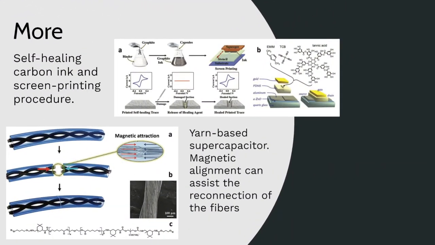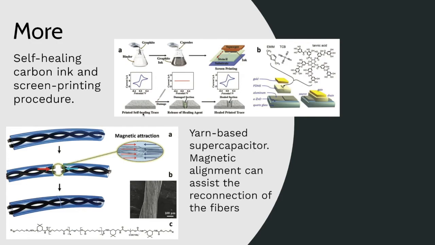And also you can make self-healing materials through printing. You can print out the carbon ink. This is the graphite, and then you can create a printing pattern, and that carbon ink will be a template for self-healing.